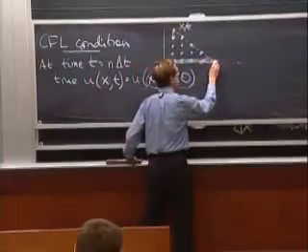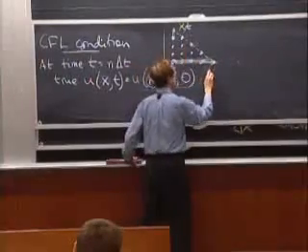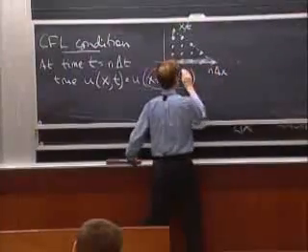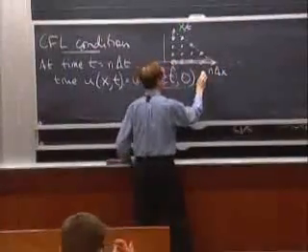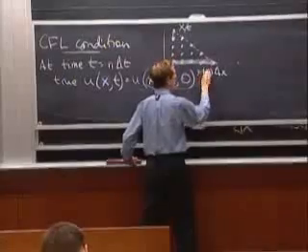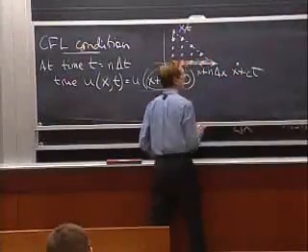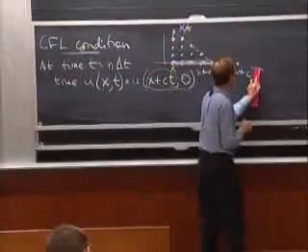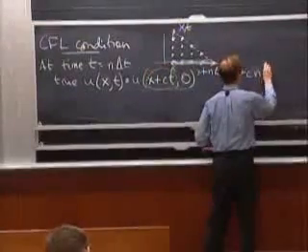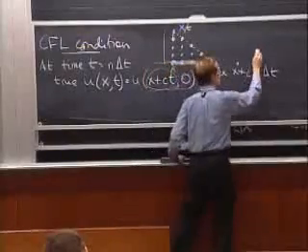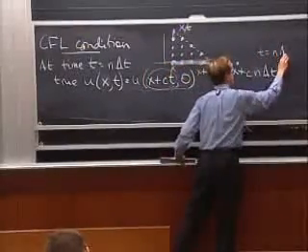How far out is this? This is n delta x's, I guess. If this is x, this is n delta x's away, and this is x plus ct, and c times t is c n delta t.